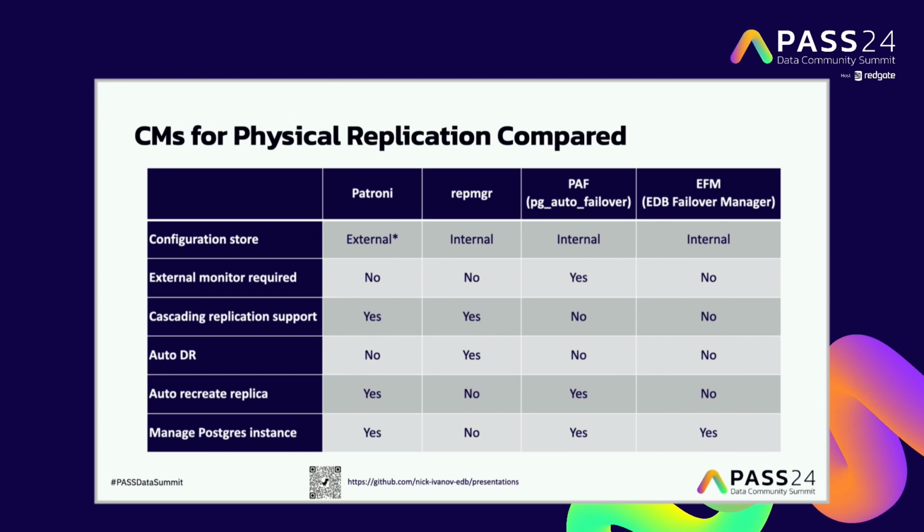So when you choose what to use, not only do you need to look at what you're familiar with and what you like, but also whether it is capable of doing what you need it to do, because not all of them do the management part equally. They do it differently. They take different approaches to how they decide who to promote, how to recover from the failure, and so on.